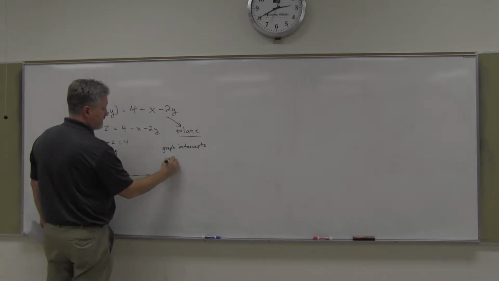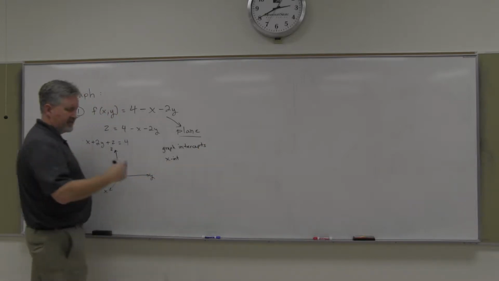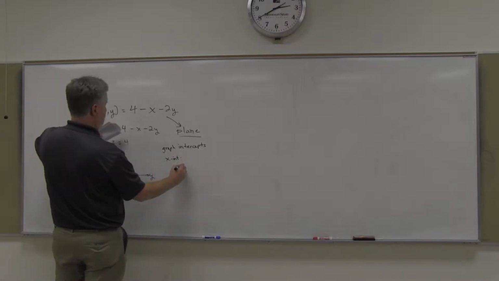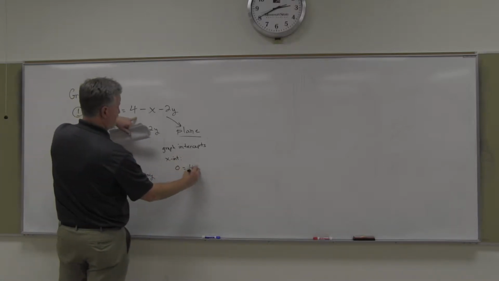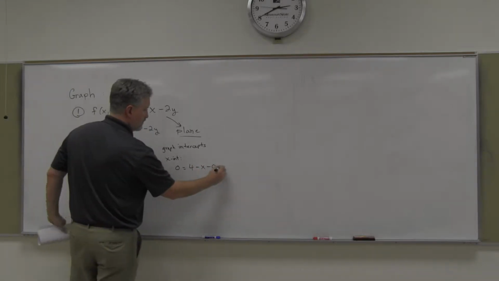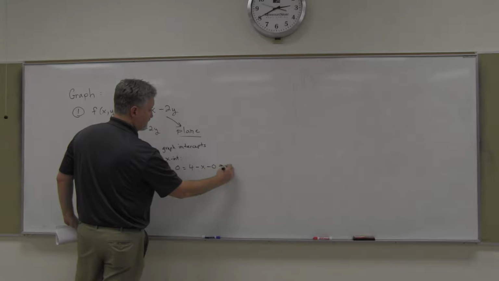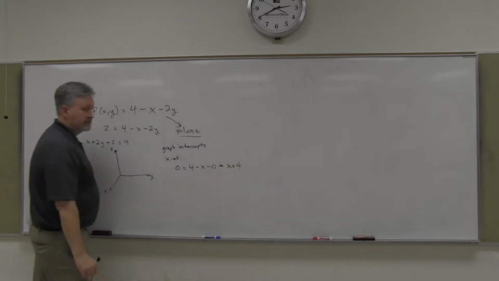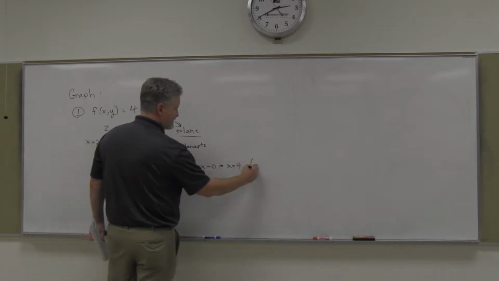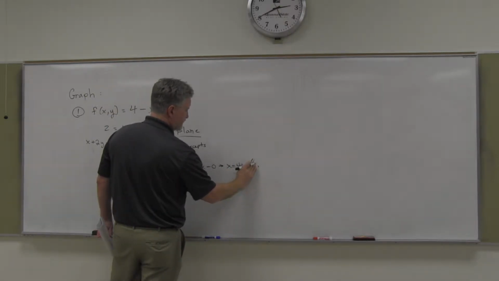So the x-intercept is when y is 0 and z is 0. That would be 0 equals 4 minus x minus 0, so x is 4, my x-intercept. In other words, the point (4, 0, 0).